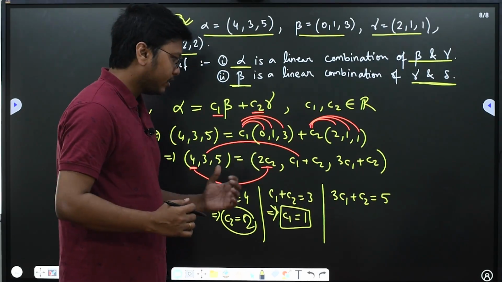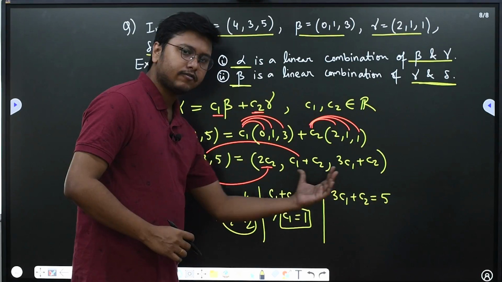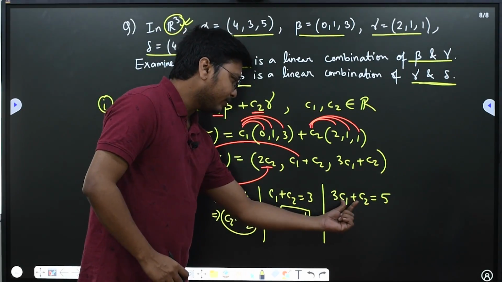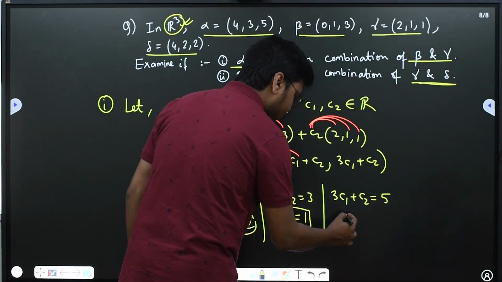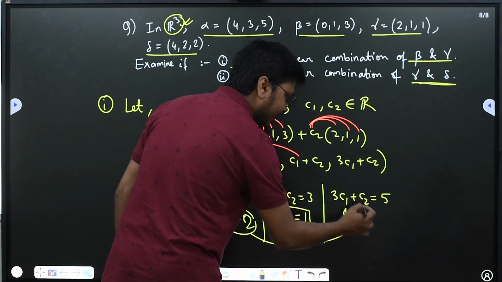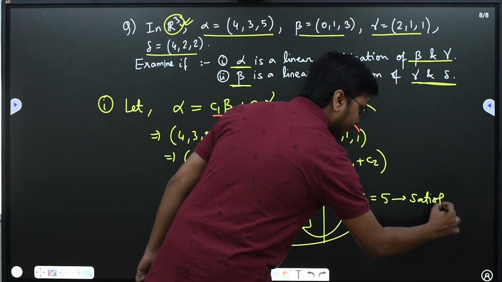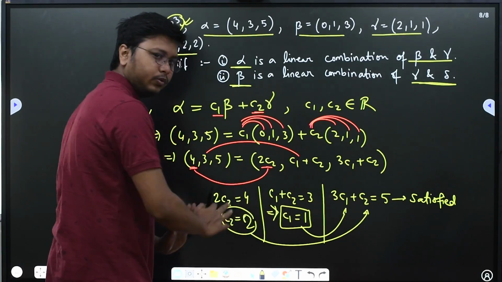I don't need to plug in actually, I can just verify whether it's satisfied or not. So if I take the C2 value to be 2 and the C1 value to be 1, these two values are going to satisfy the third equation. So the third equation is satisfied by the values I have found from the first two equations.